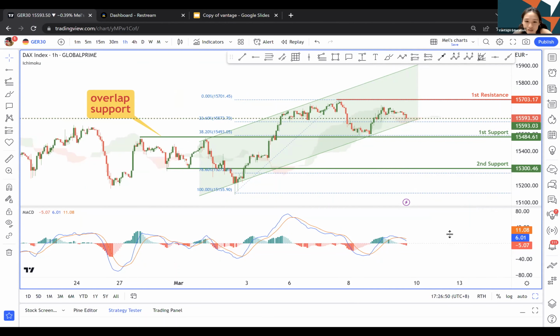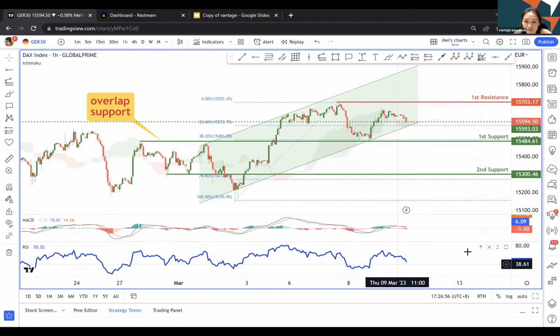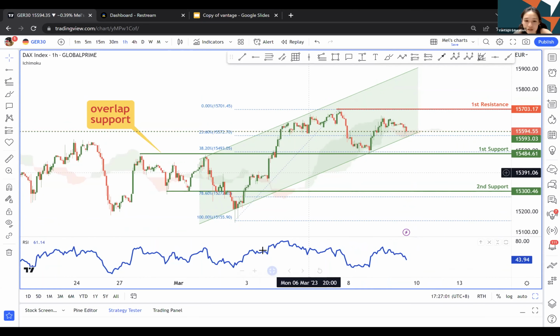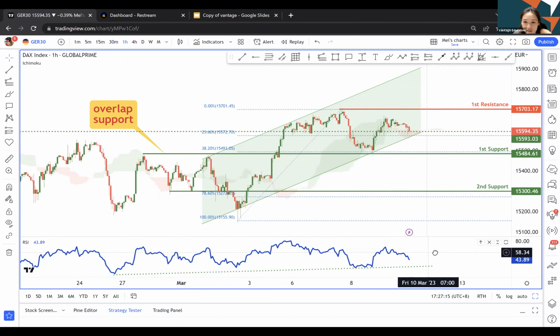Okay, so now let's take a look at RSI and stochastic. I think for our RSI, we can see that price is increasing. Price is moving in an upward trend.